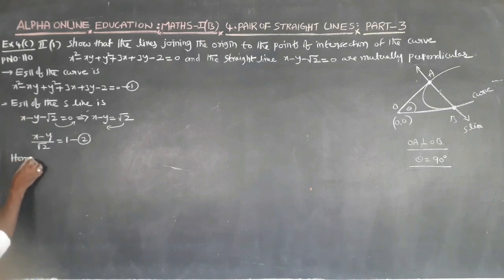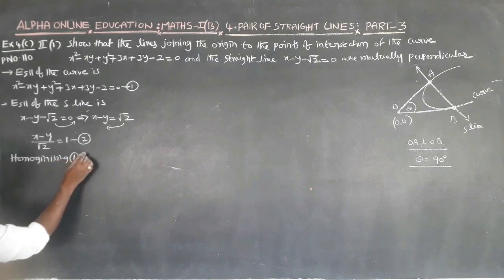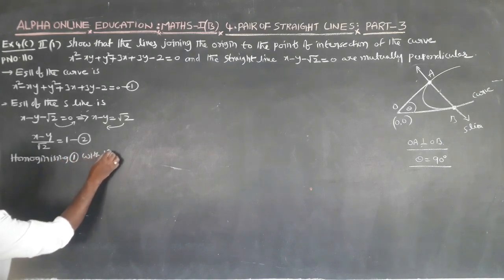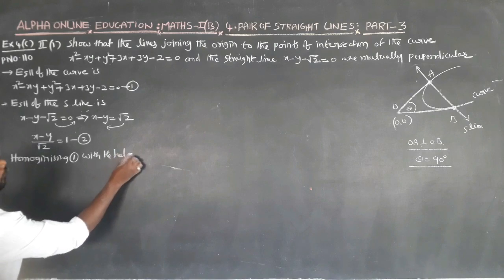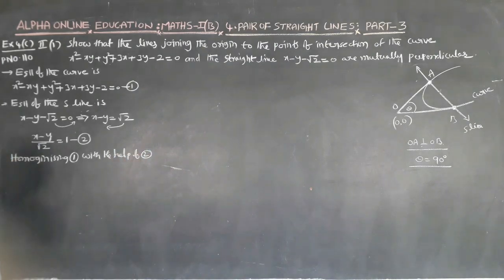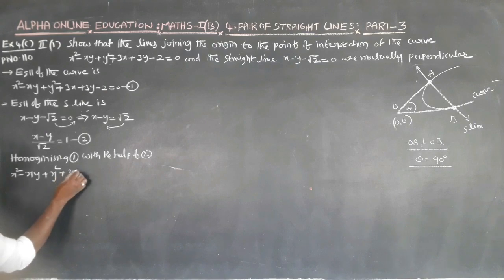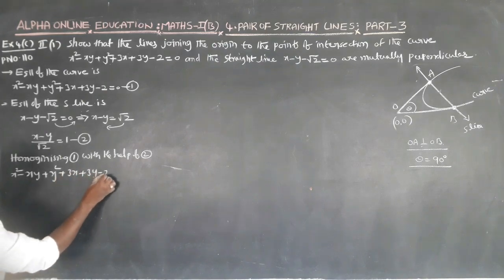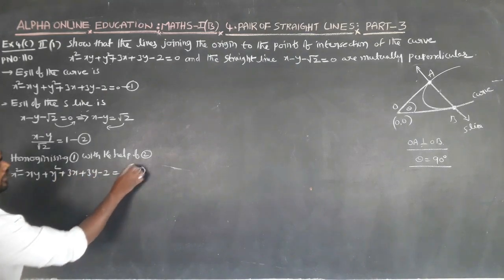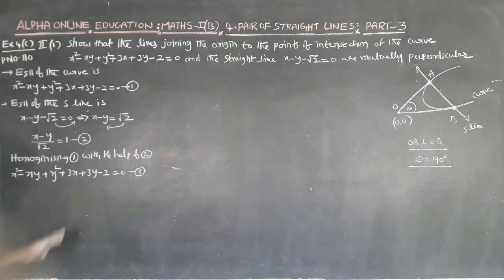Here, homogenizing the curve with the help of the line. Homogenizing means x square minus xy plus y square plus 3x plus 3y minus 2 is equal to 0.